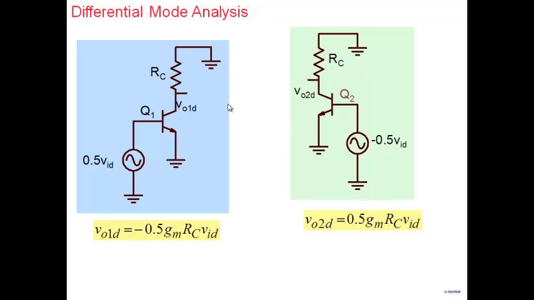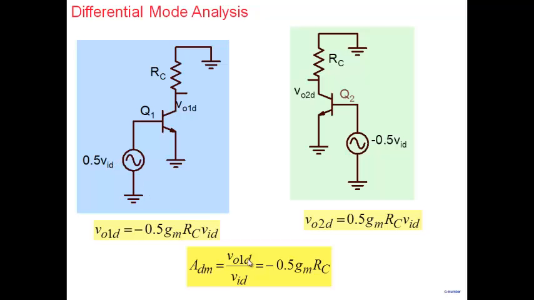So what you find is that the voltage here is this value here, and the voltage here is exactly the same but opposite in sign. And the gain now, gain is V01D, the output voltage here, divided by VID. We define the gain of the differential amplifier not as V01 divided by 0.5 VID. We define the gain of the differential amplifier as the output voltage here divided by the net differential input voltage here, which is VID.